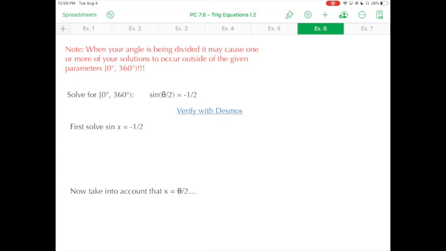Looks pretty similar to the previous equation. The equation is now sine of theta over 2 equals negative 1/2. Okay, and I'm back to solving it for 0 to 360 degrees. So I'm in terms of degrees now. Okay, so treat theta over 2 like x.